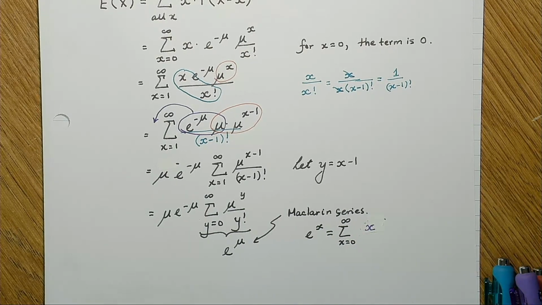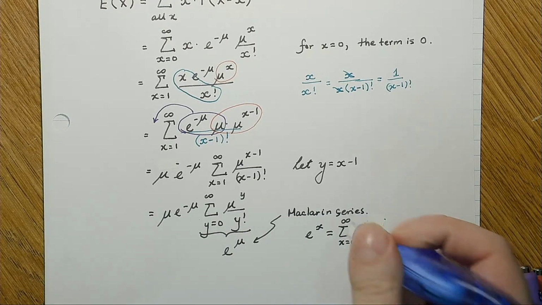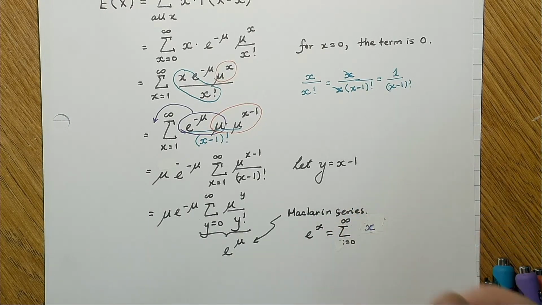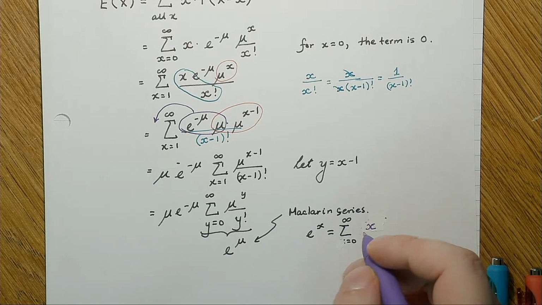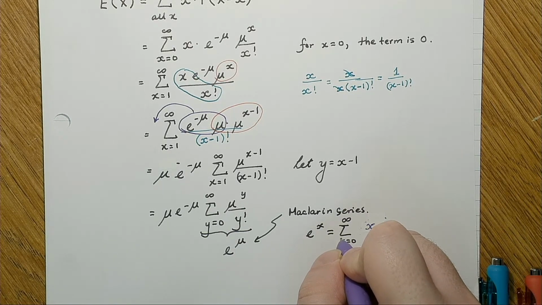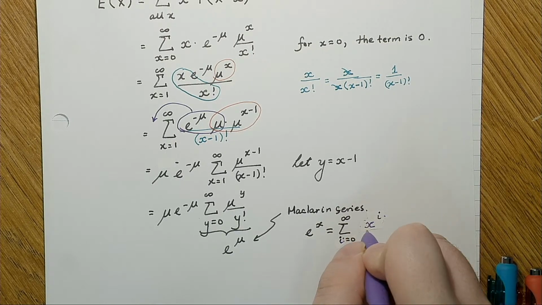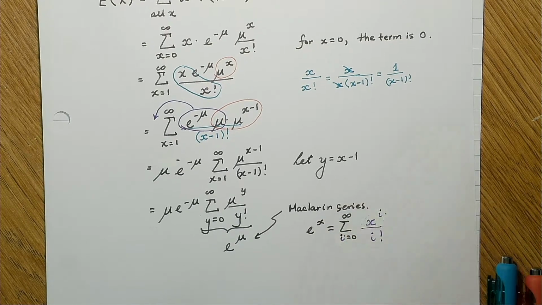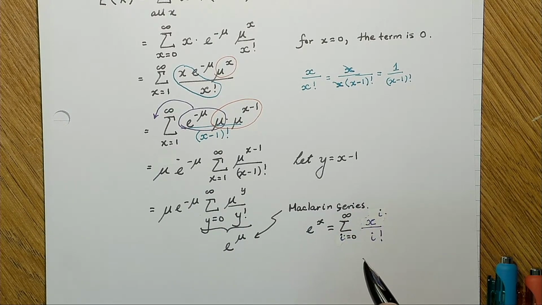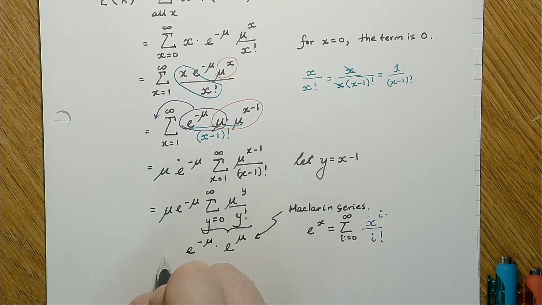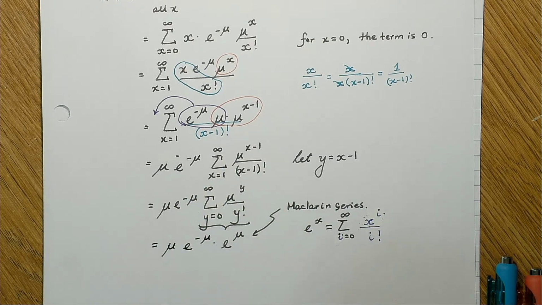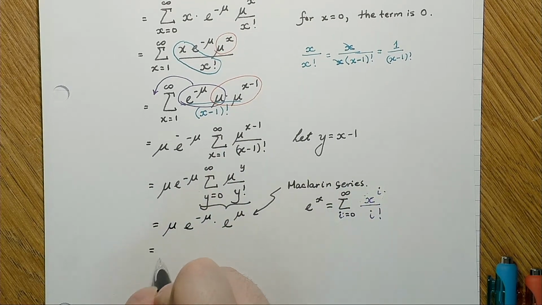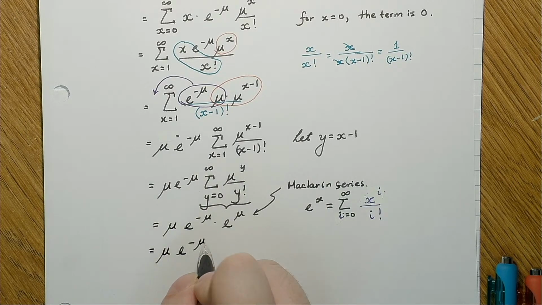Oh, I can't use that same variable. I have to use something like i or something. So we're almost done. By my exponent rules, I can combine those because they're multiplication.